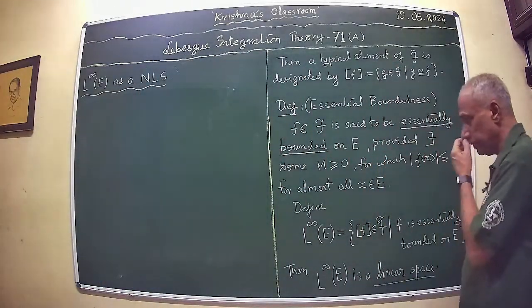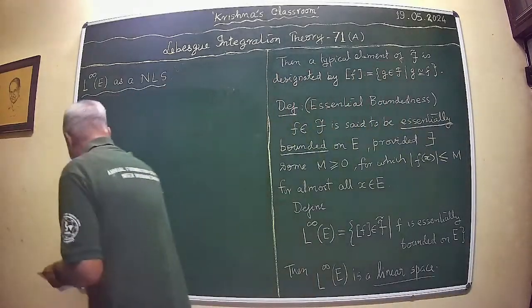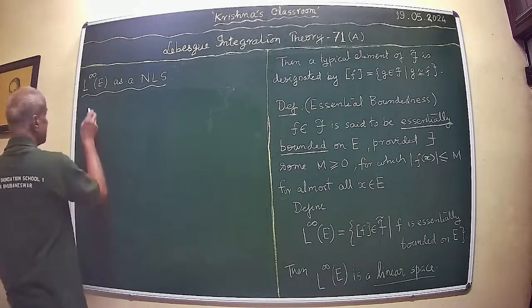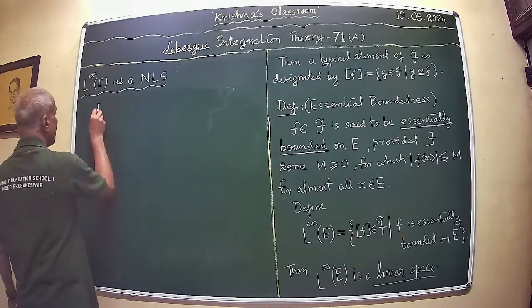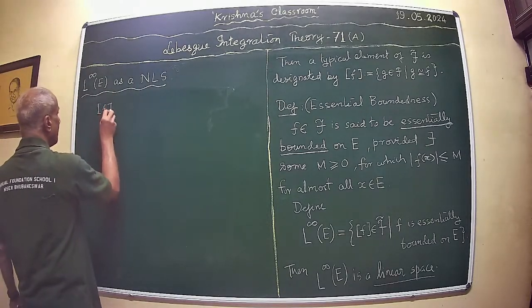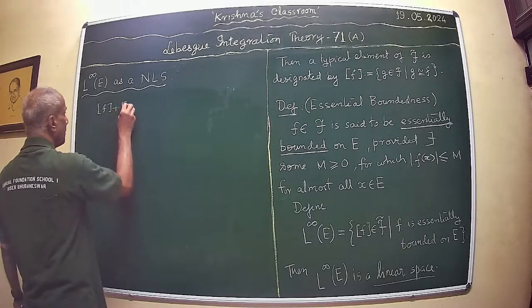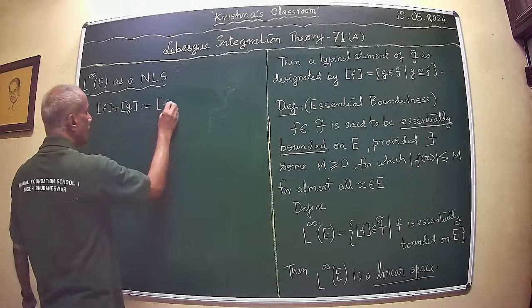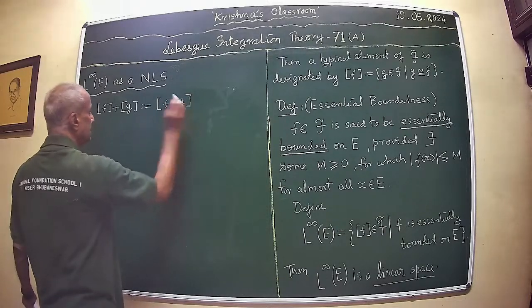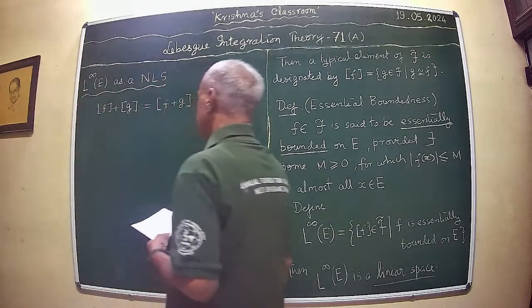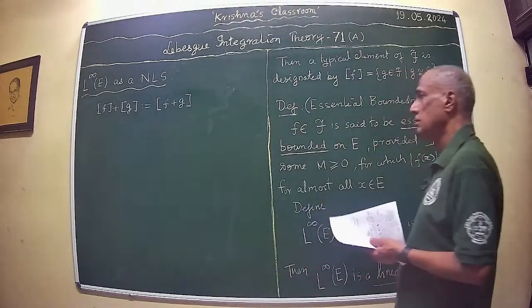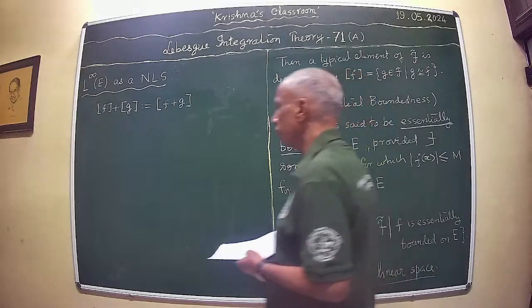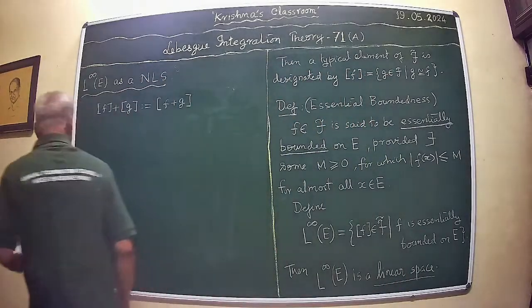This is quite easy to prove. You take two elements. The sum is defined as the equivalence class of all functions equivalent to f plus g, and this is well defined.